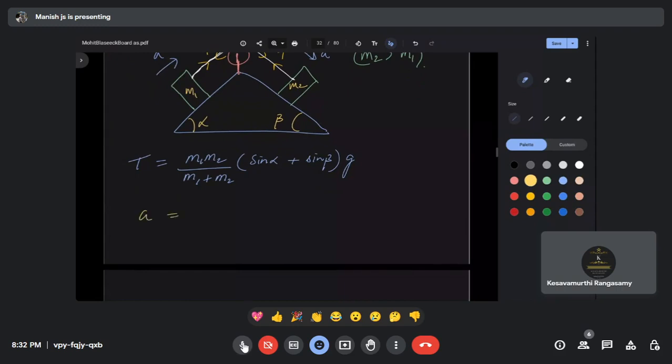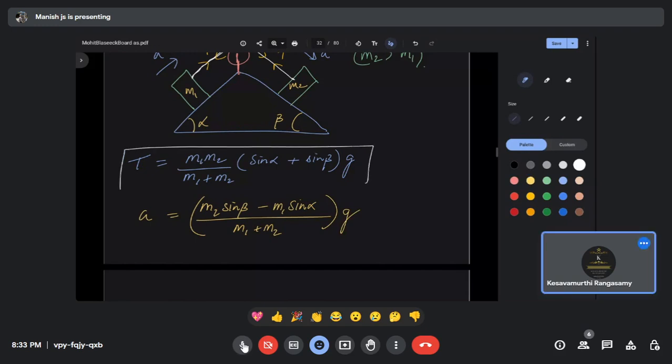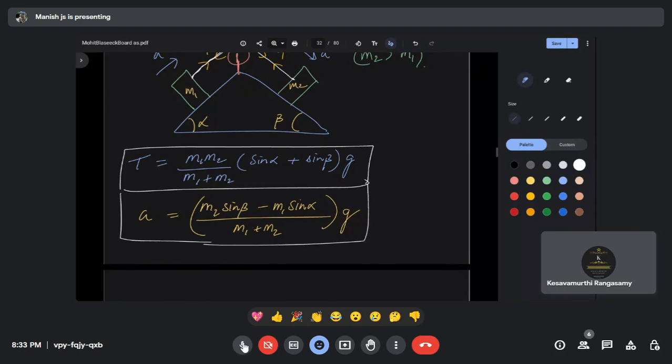Finally, the acceleration component is M2 sine beta minus M1 sine alpha upon the sum of the entire system, which is M1 plus M2, the whole into G. That's it. So these are the expressions for tension and acceleration of the system.